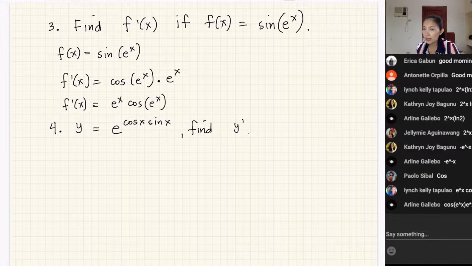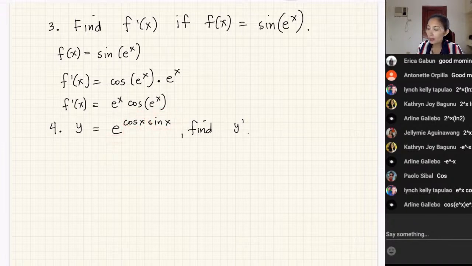What should we do with this? Y equals e raised to cosine x sine x, and you have to find y prime. So let's examine the given. The given is e raised to u, where u is cosine x sine x, and in fact, it is a product of cosine x and sine x.